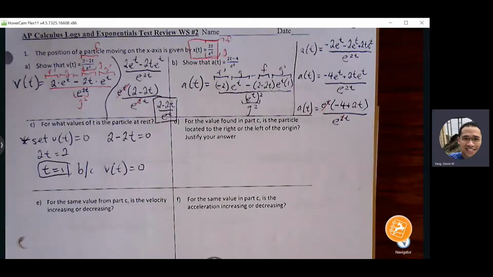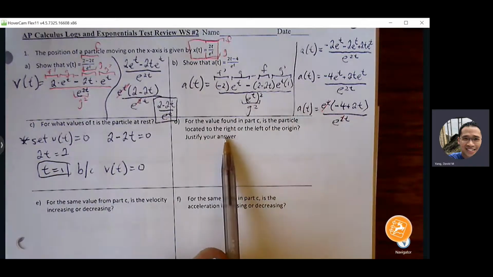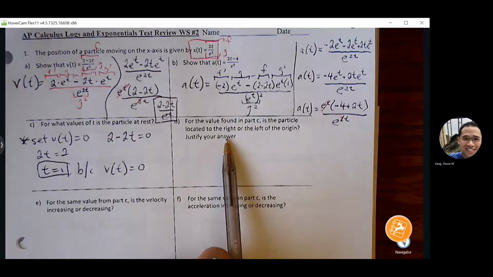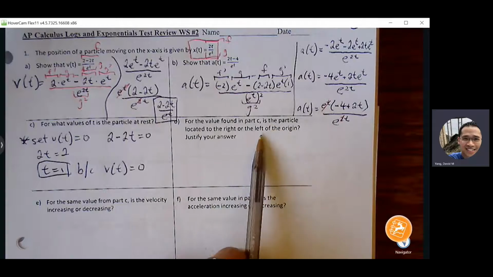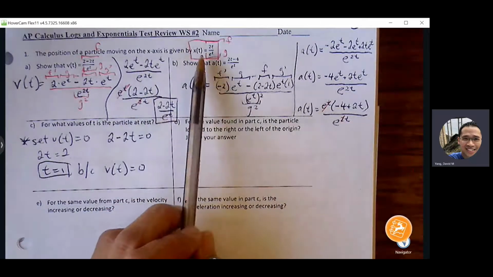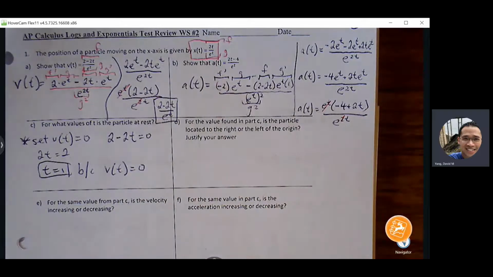Part D, for the value found in part C, which we know to be t equals 1, is the particle located to the right or to the left of the origin? So we just have to figure out where is this particle located, right? So we'll insert t into the position function and figure out what it gives us, right? If it's positive, then we know it's to the right of the origin.